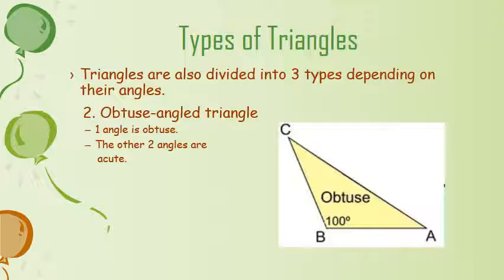So, in this picture you can see a triangle ABC, where one angle, angle ABC, or simply angle B, is equal to 100 degree, which is an obtuse angle. So one angle of the triangle is obtuse, that is why it is an obtuse angle triangle.